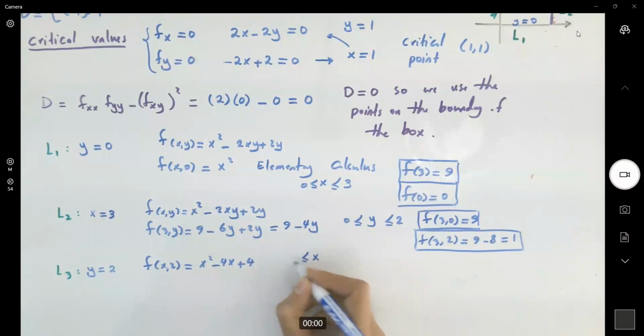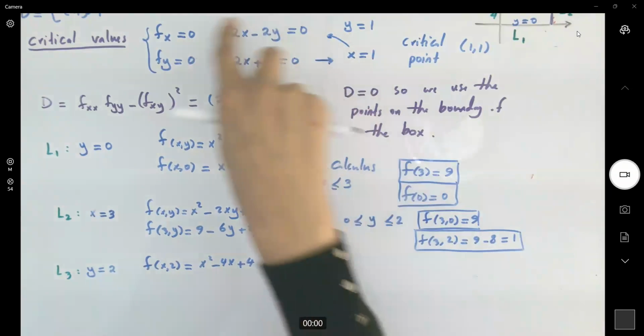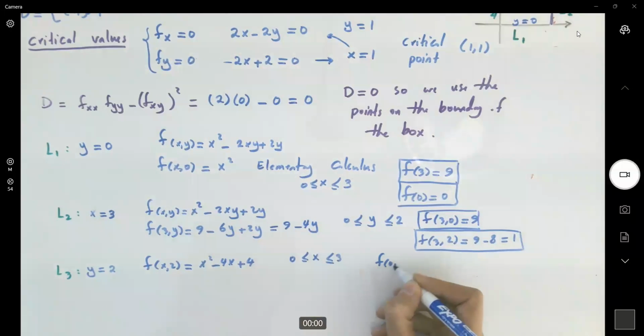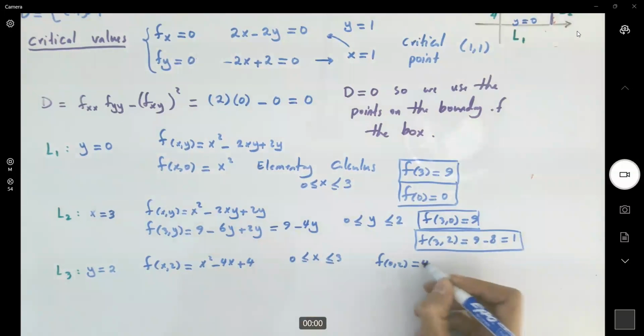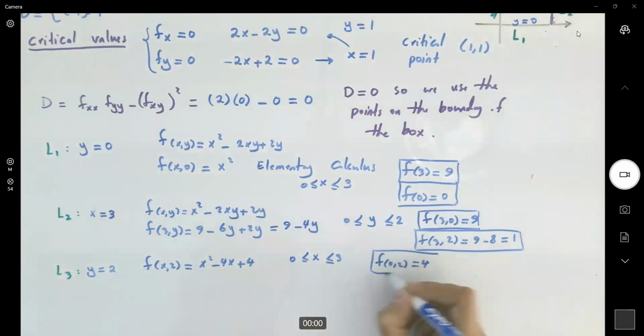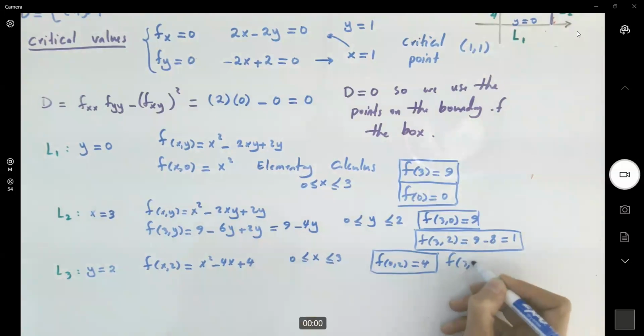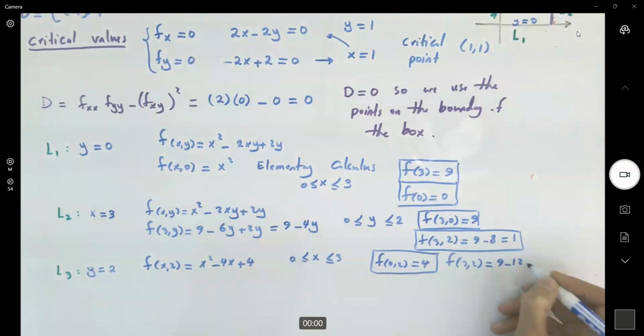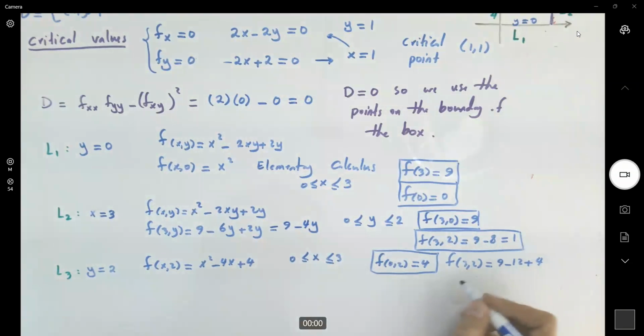We know that x is bounded between 0 and 3 from the box itself. We have a restriction on x. So just plug in 0, f of 0 and 2 is equal to 4, and f of 3 and 2 is equal to 9 minus 12 plus 4. You get 1. Okay, perfect.